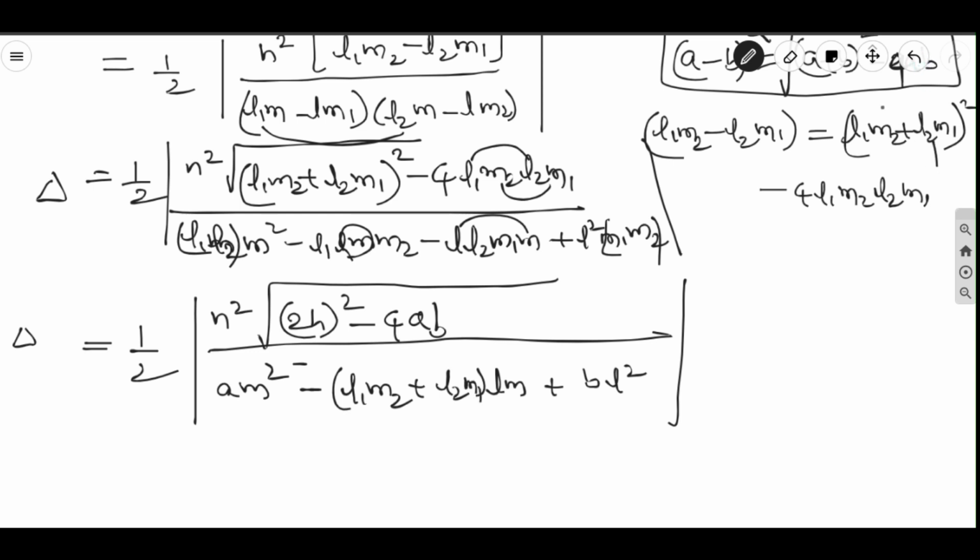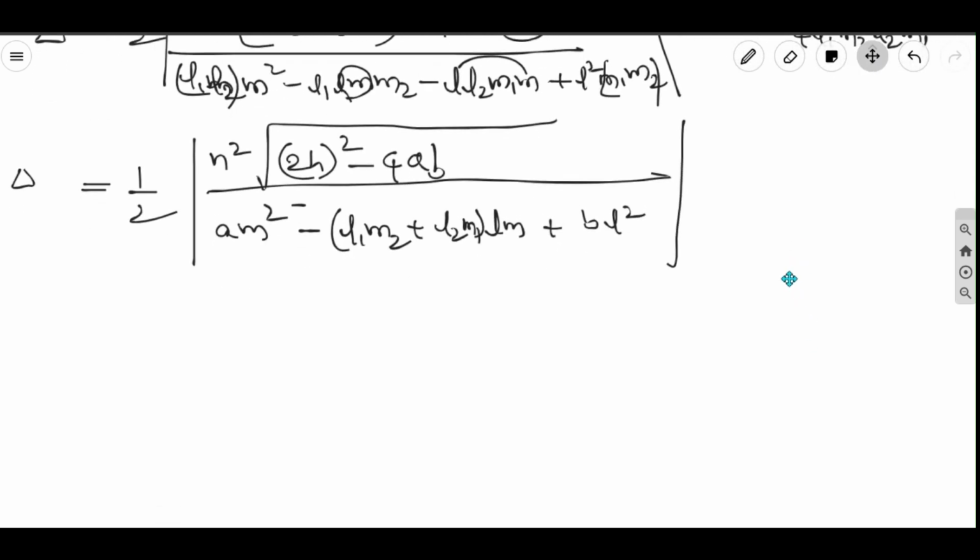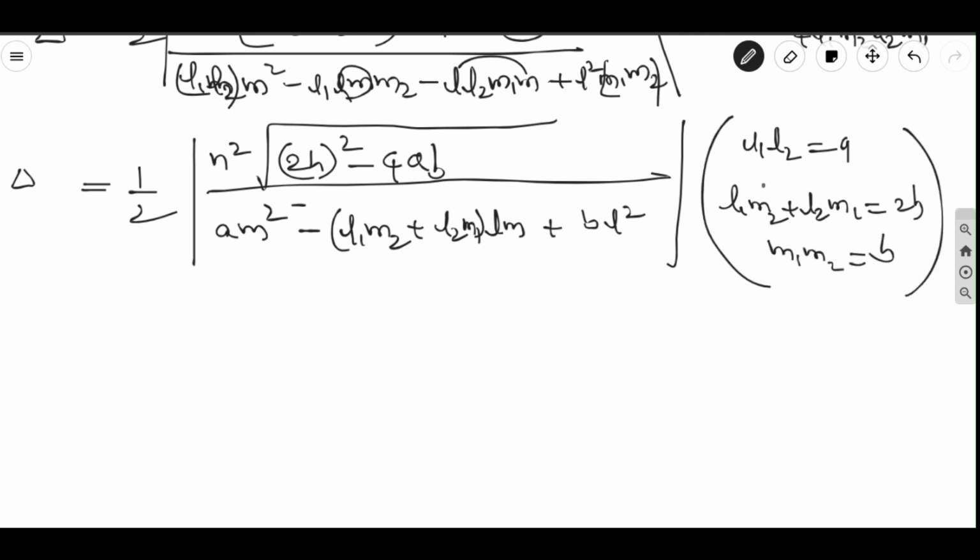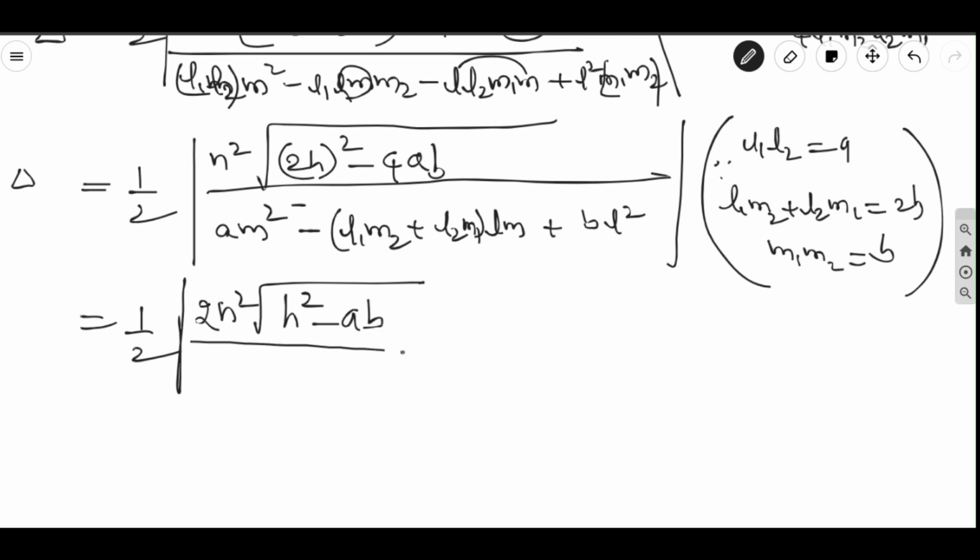Okay. Now substitute. We know that L1 L2 is A, L1 m2 plus L2 m1 is 2H, m1 m2 is B. Substituted in that, and simplify: 1 by 2 modulus of n square under root, 2 square 4 means that outside it becomes 2. 2n square under root of h square minus ab by a m square minus 2h l m plus b l square.